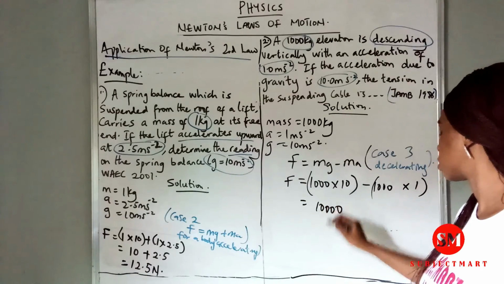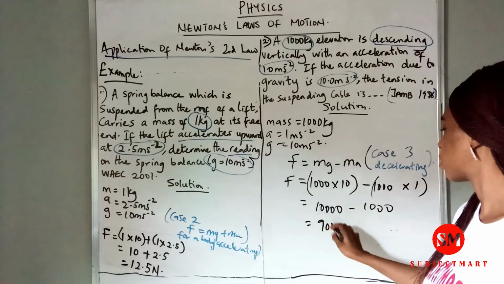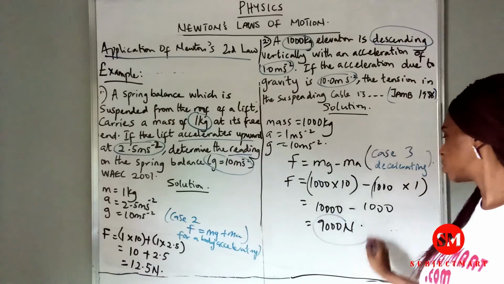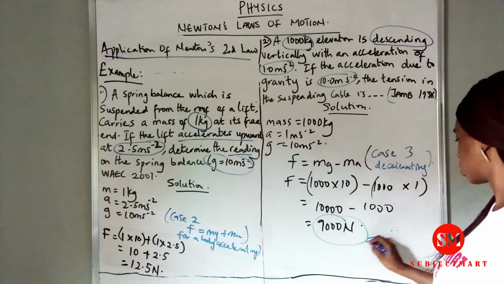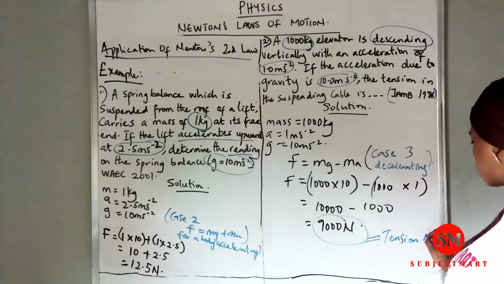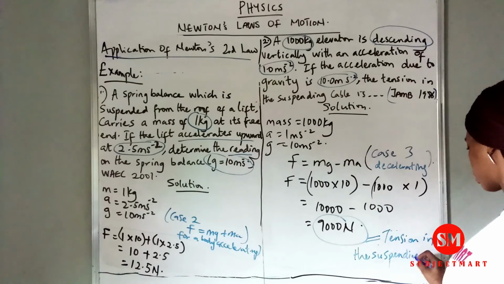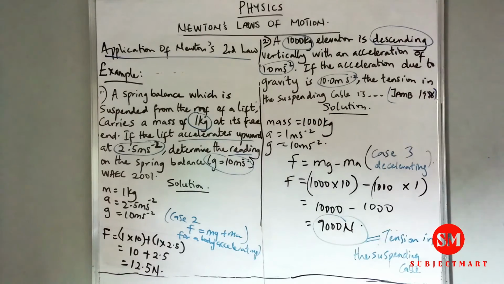So I have 10,000 minus 1000, which equals 9,000 Newton. Therefore, the tension in the suspending cable is 9,000 Newton. I hope that is very clear and explanatory.